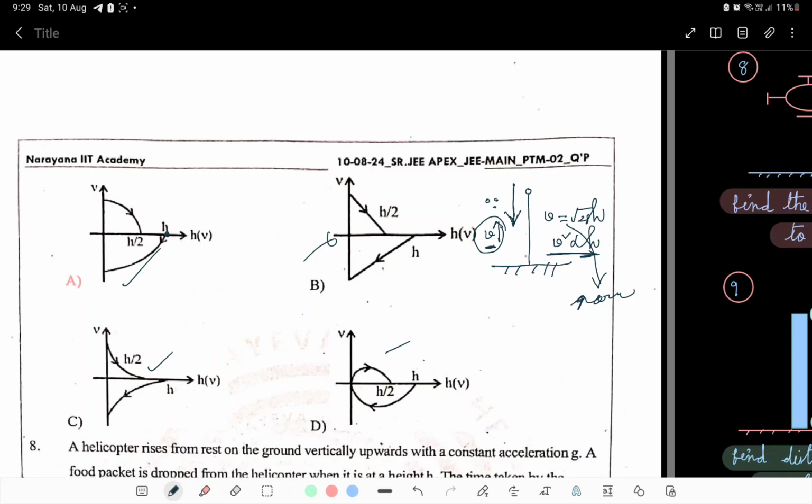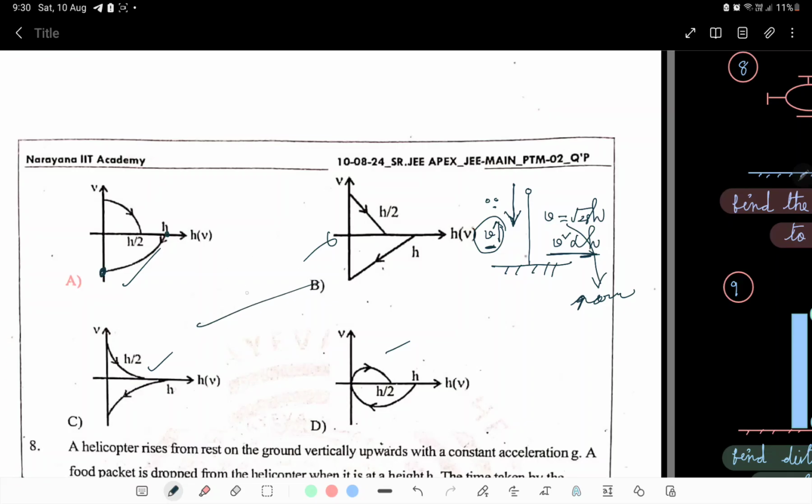And it's like a velocity and displacement curve also, you could say that. If you differentiate it, you will get g as negative. So this one, right? Now it will come here.